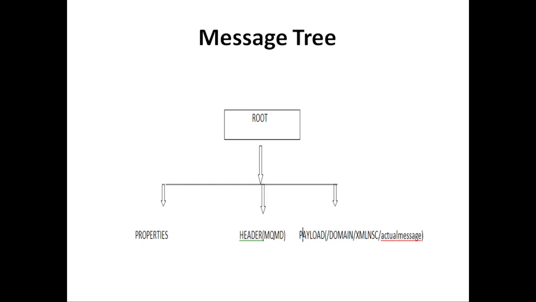Now, what if I want to set something inside the properties, header, and payload? Then we have to use the output route. In the message tree we have two important syntaxes: the input route, used to access something from the properties, header, and payload, and the output route, used to set something inside them.